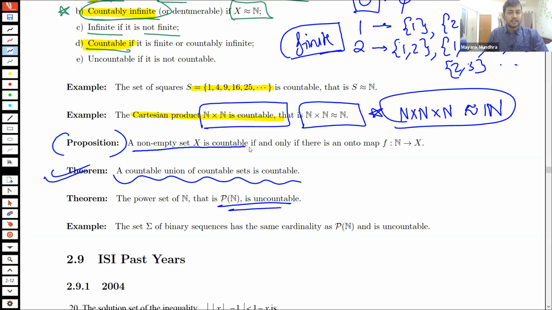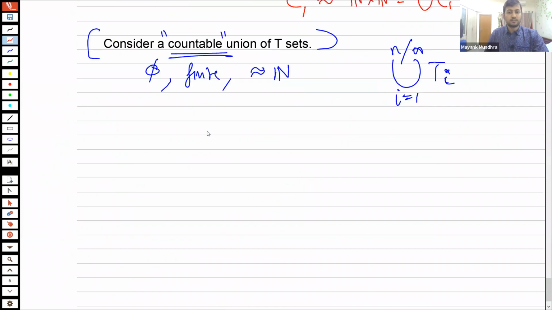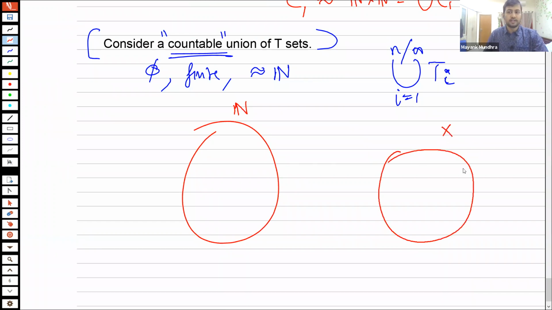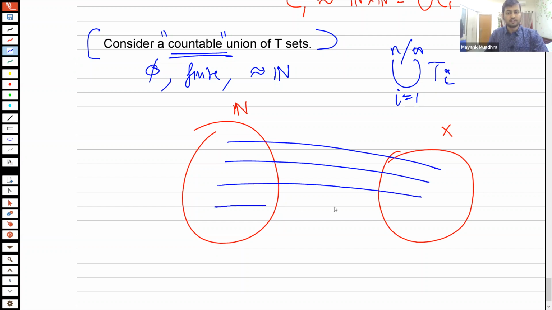A non-empty set X is countable if and only if there's an onto map F from N to X. Suppose there's this set N and there's a non-empty set X. If you can construct an onto map from here to here, onto map means that none of the elements in X are left unrepresented. There should be no element in X which is not connected with any element in N. It need not be one-to-one.